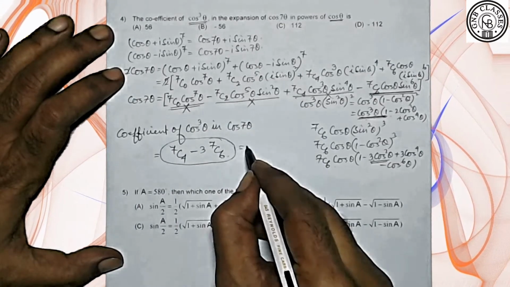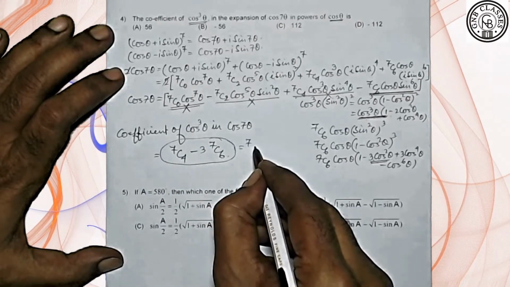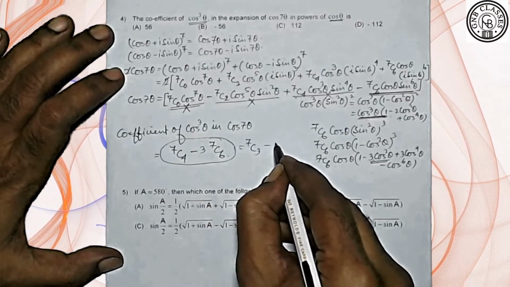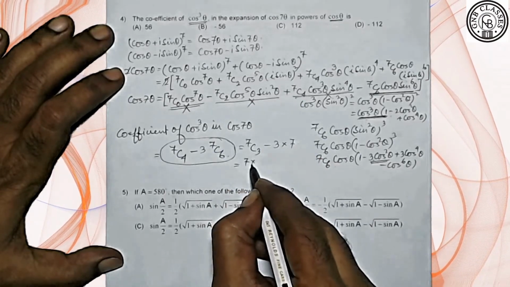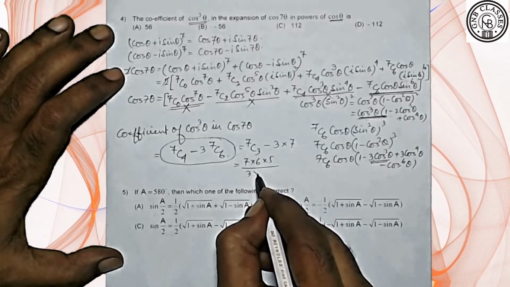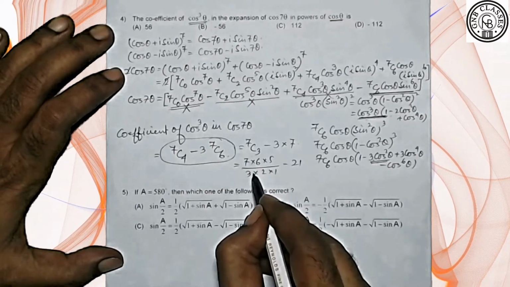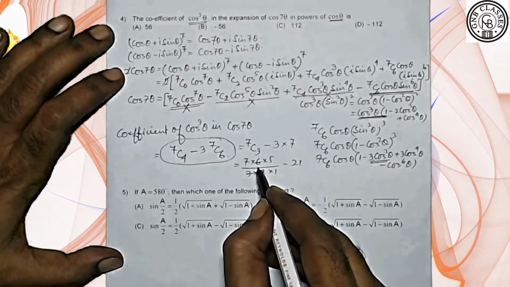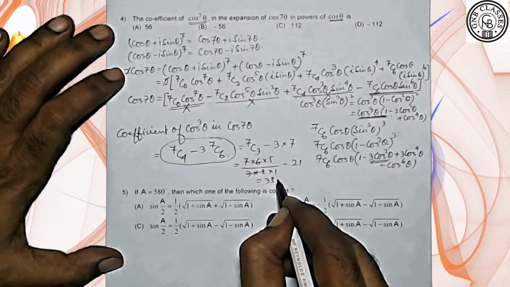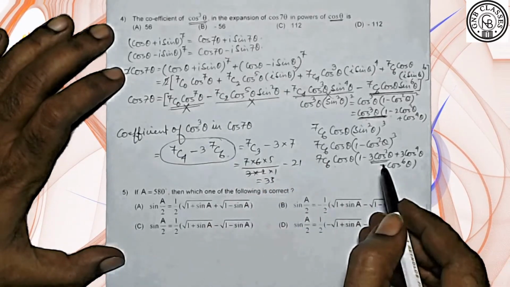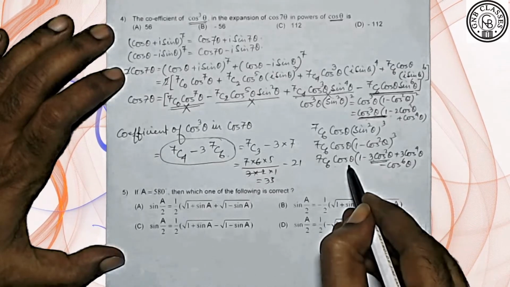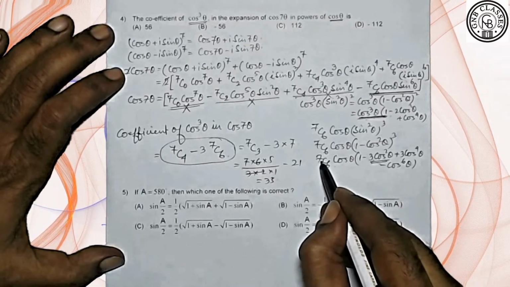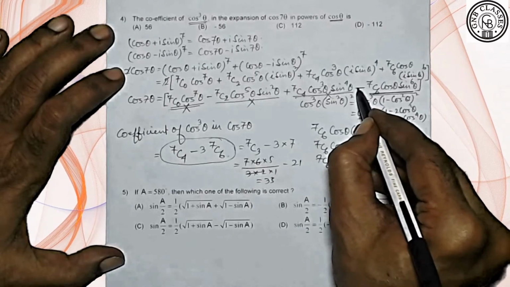Now let me just calculate this. 7c4 is same as 7c3, which is 35. Minus 3 times 7c6 is minus 3 times 7. The one mistake I have made here is that the coefficient of cos cube theta from this expansion is minus 3 times 7c6, but there is a minus sign outside.